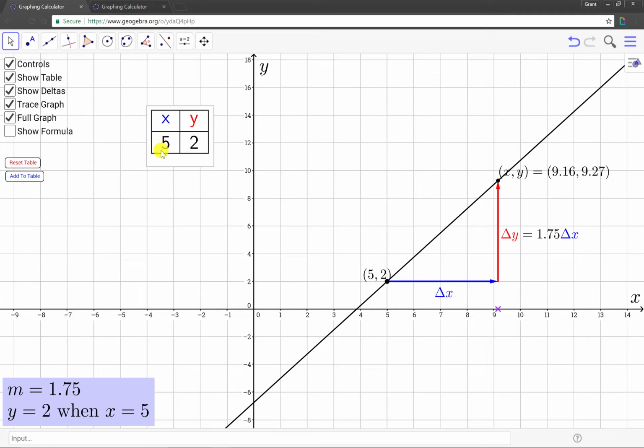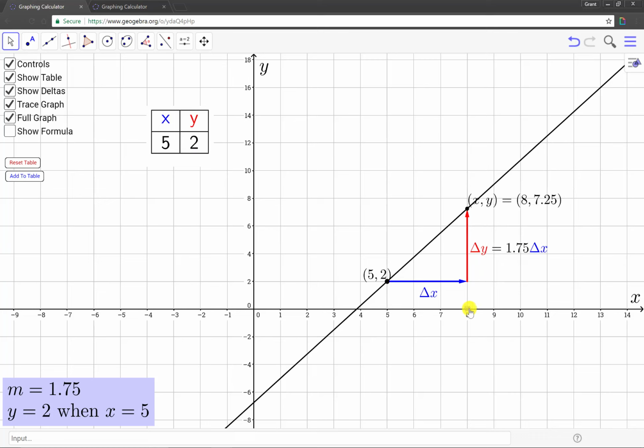So let's look at a table of values. First of all, we know that when x equals 5, y is equal to 2. Now, if we look on the graph, we see that if x equals 8, y will be equal to 7.25. So we've got a new entry in our table of values.